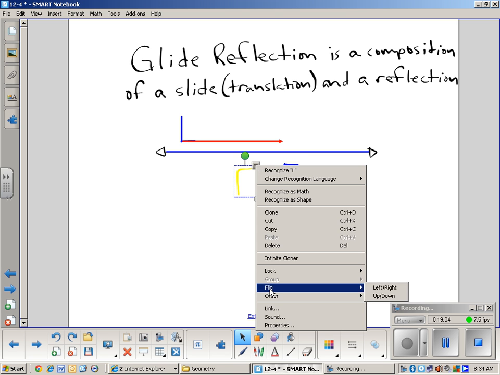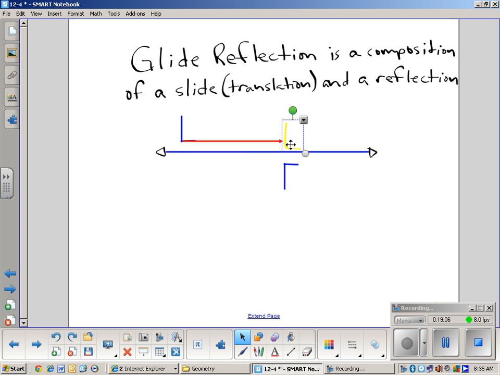Let me flip this back up. So I started here. Green for start. I slid along the translation and I reflected over the line, and I end up with that end result.